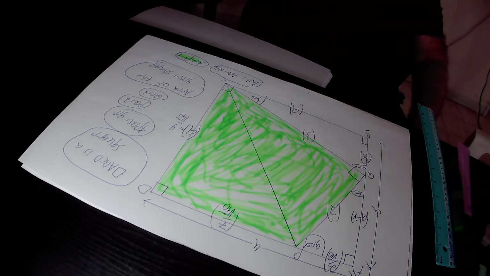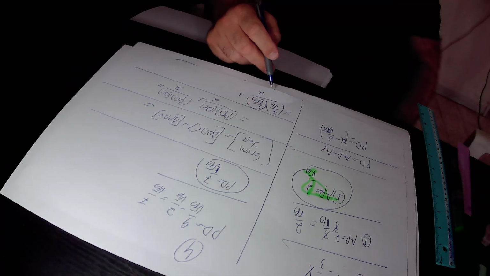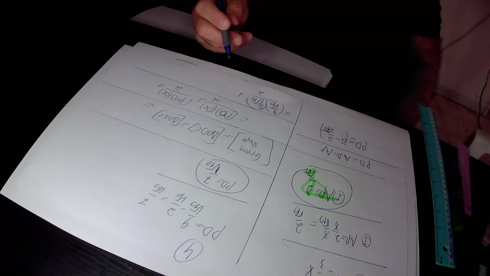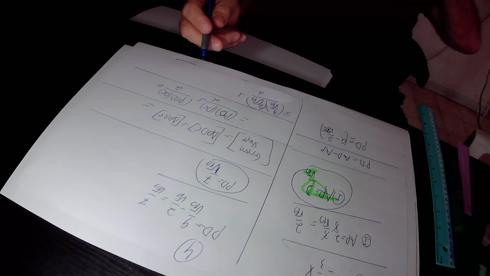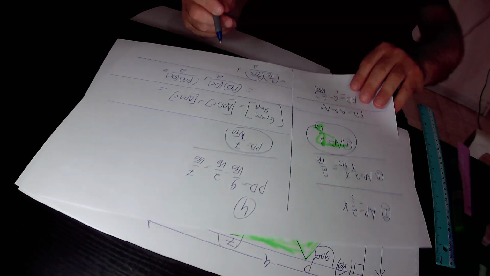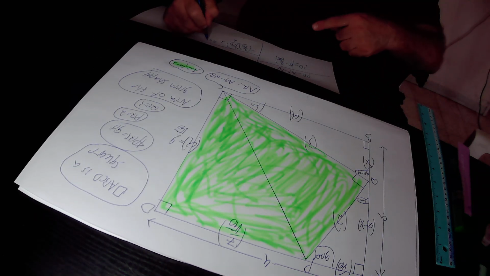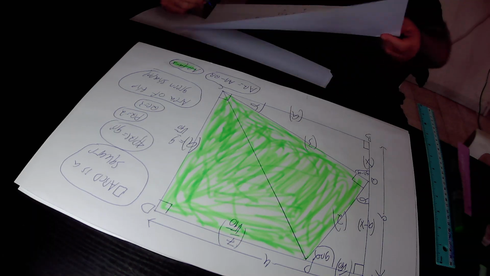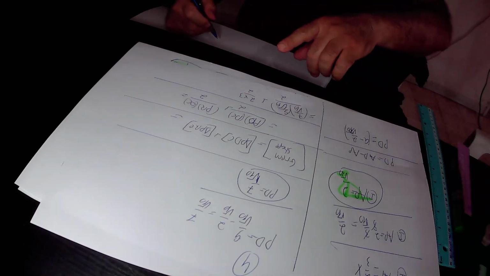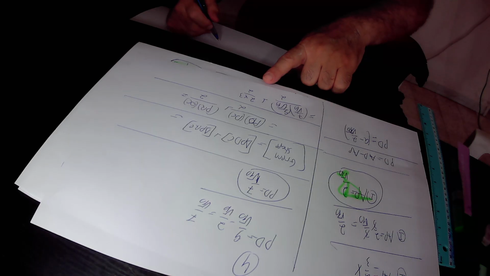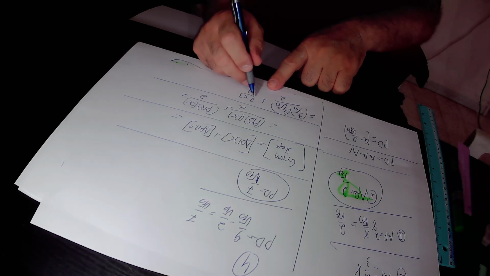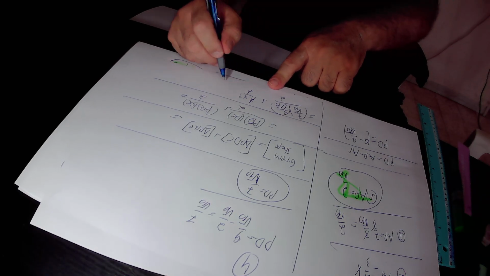So in total, the area of this right triangle PDC equals 7 over square root of 10 times 9 over square root of 10 divided by 2. Plus the area of the right triangle PQC equals PQ, that is 2, times QC, that is 3, divided by 2. So the area of the right triangle PQC equals 2 times 3 over 2. 2 over 2 is 1, so we are left with only 3.